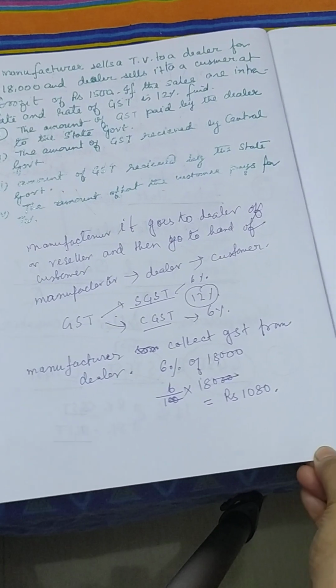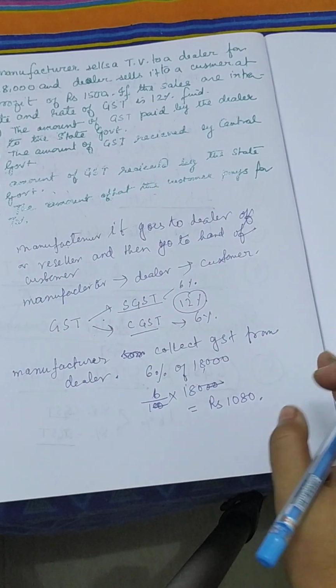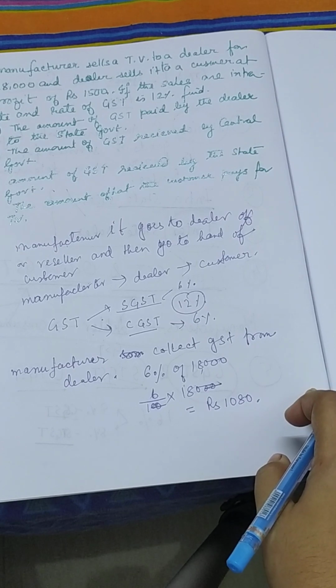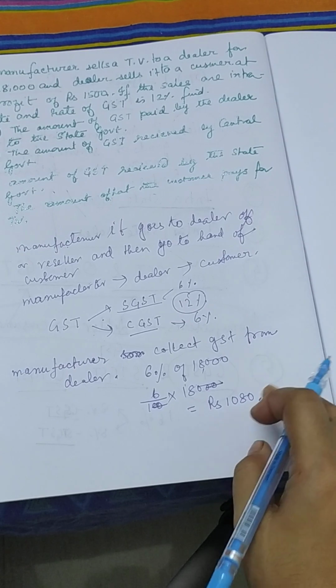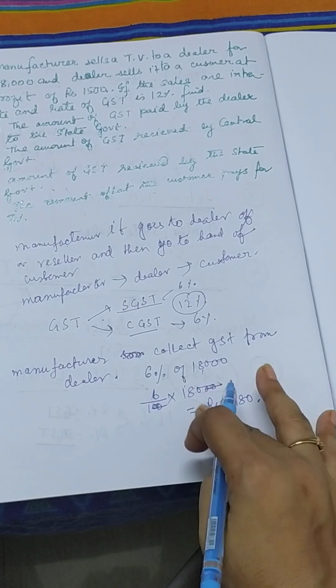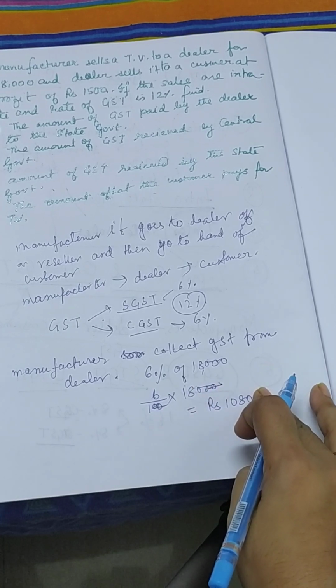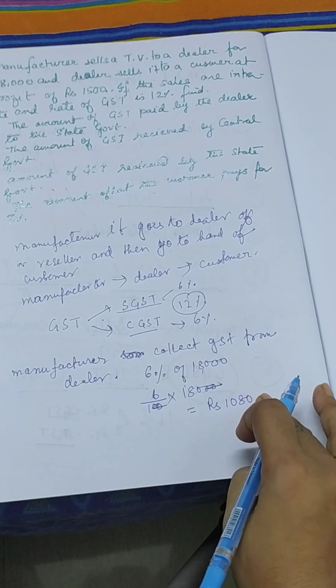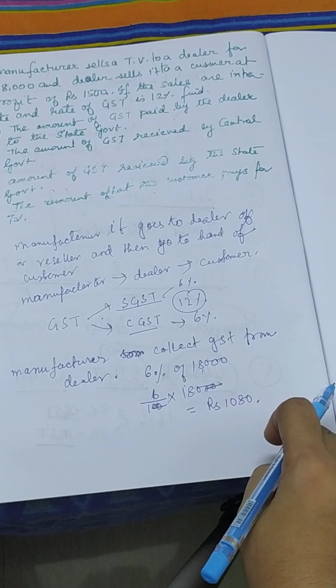Now the manufacturer pays this amount of GST, and it is divided into two parts.